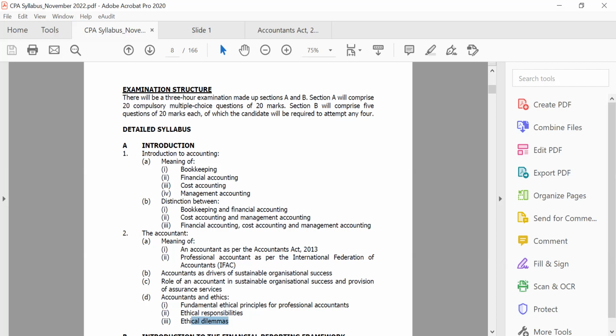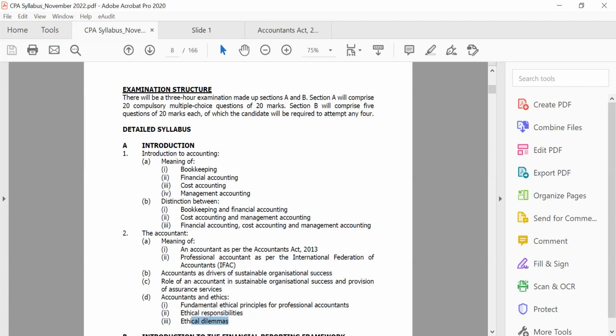Then you are in ethical dilemmas. As an accountant in ethical dilemmas, like I've said, you should disclose, and where you're in doubt, you should be able to consult the Institute of Certified Public Accountants to provide you with guidance, okay?